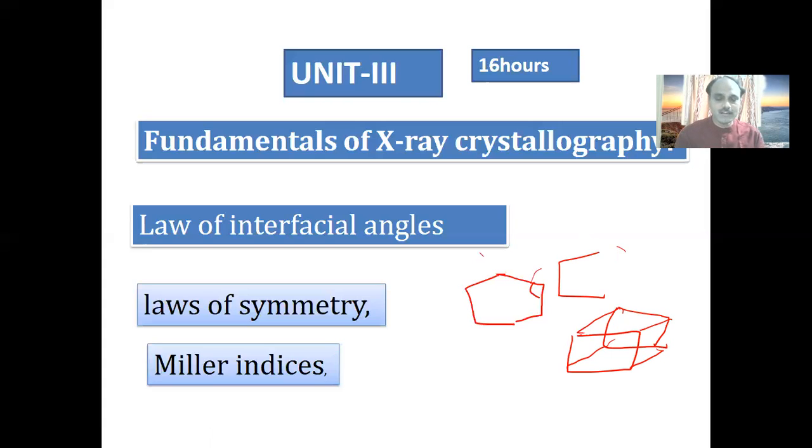You have already heard about these planes. These planes are present in a particular geometrical structure of a crystal, and these planes are oriented along the lengths of the unit cell dimensions A, B, C and the crystallographic axes X, Y, Z respectively.